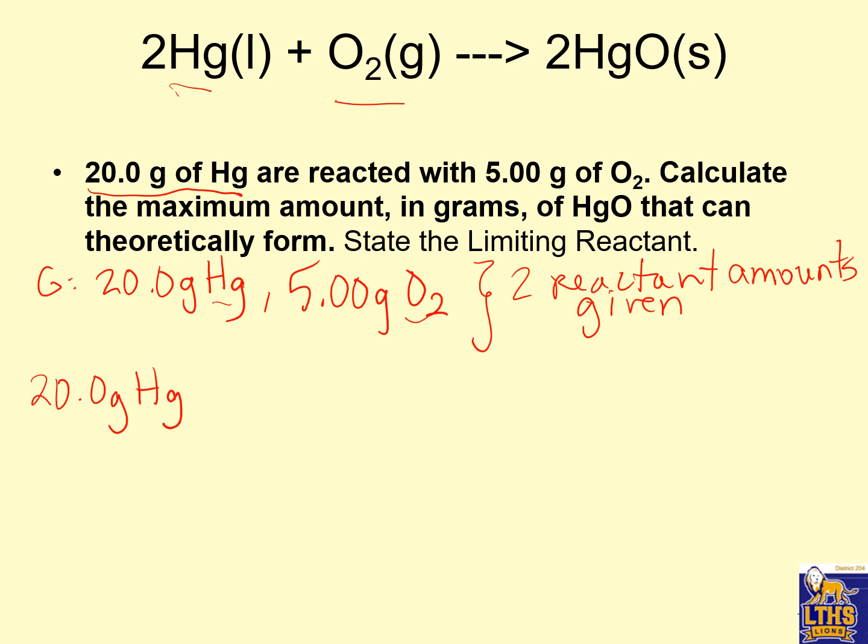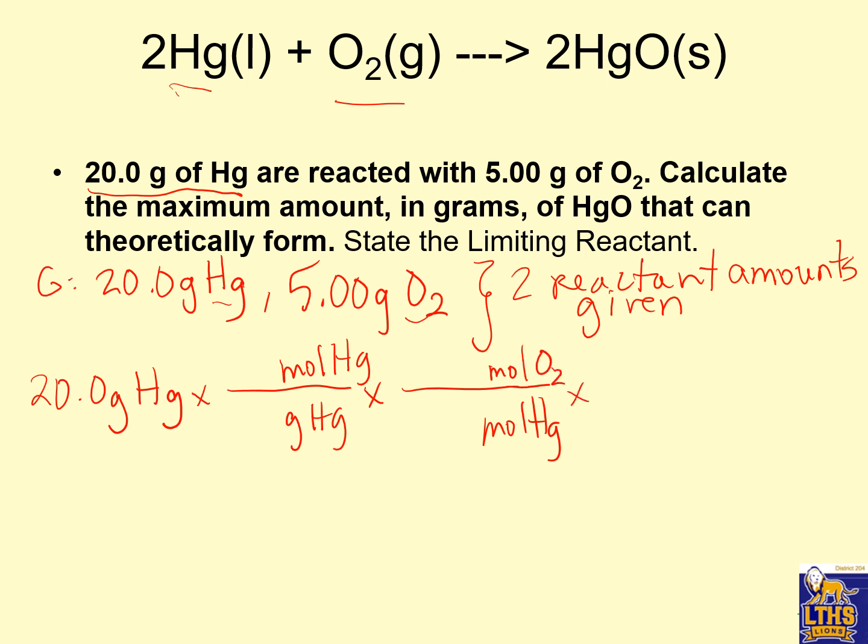And here's what I've got to do. I've got to say, if all my mercury gets used up, how much oxygen is going to get used? So I have to change grams of mercury into moles of mercury, because then I can change moles of mercury into moles of oxygen to see how much oxygen is going to get used up. But then I want to change my moles of oxygen into grams of oxygen, because then I can compare it to what I have.